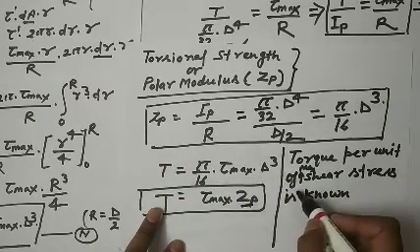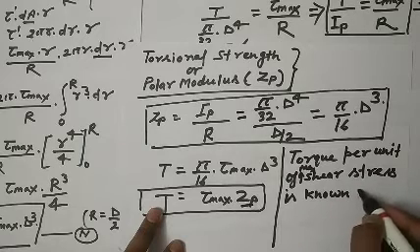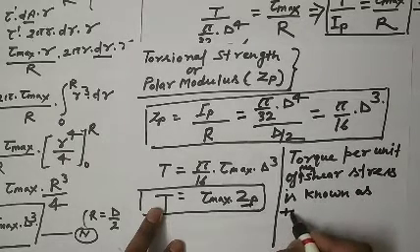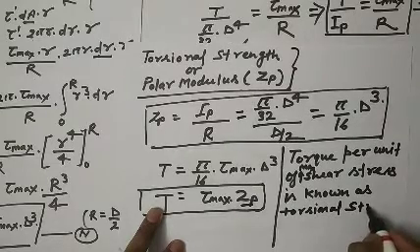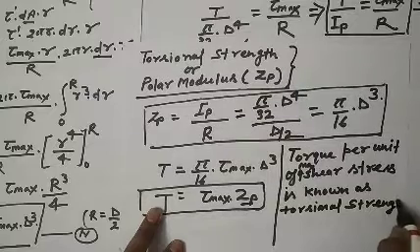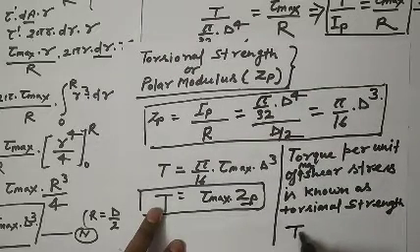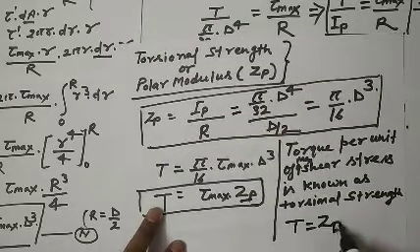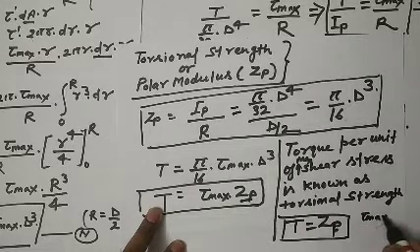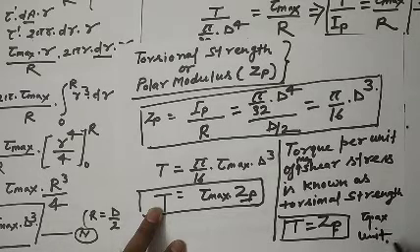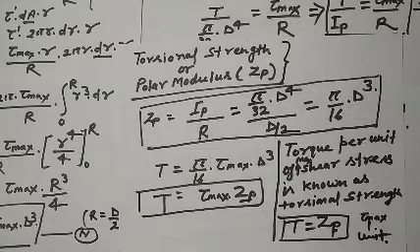So torque per unit of maximum shear stress is known as torsional strength. So T will be equal to ZP, or ZP will be equal to T when tau max is unit. So this is all about the turning moment or torque applied on the shaft.